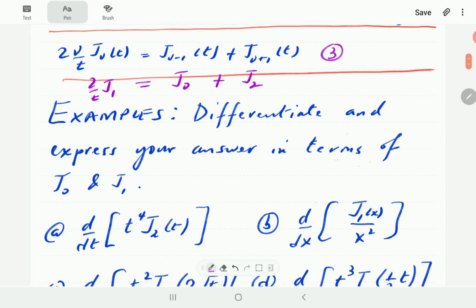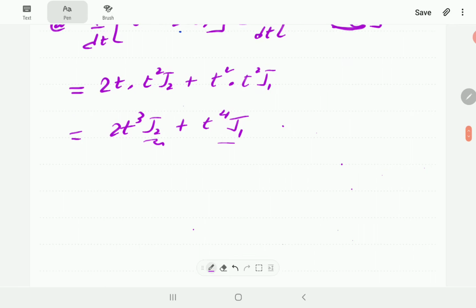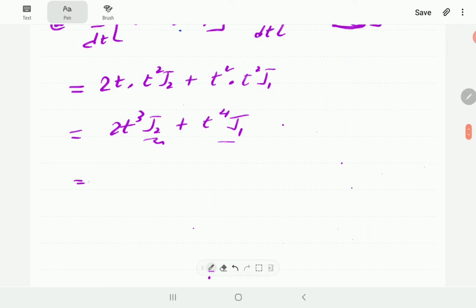So we can make J2 the subject of the formula there. When we do that, it's going to be 2t cubed into 2 over t J1 minus J0, then plus t to the power 4 J1.